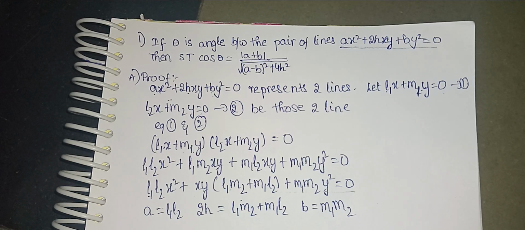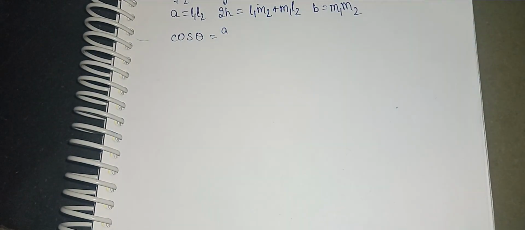See, we know that cos theta means what? What is the formula of cos theta between two lines?